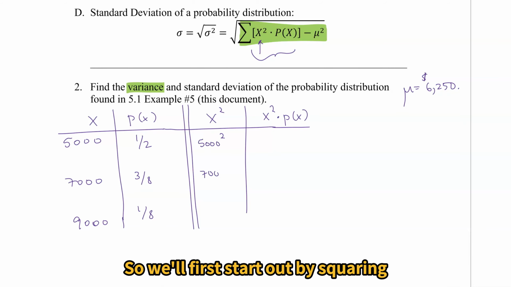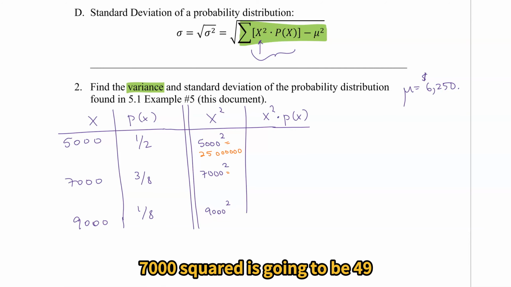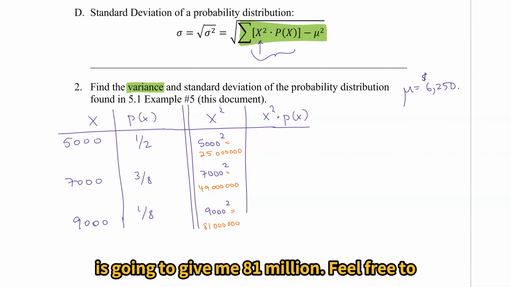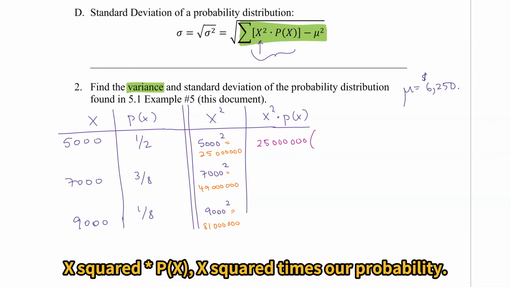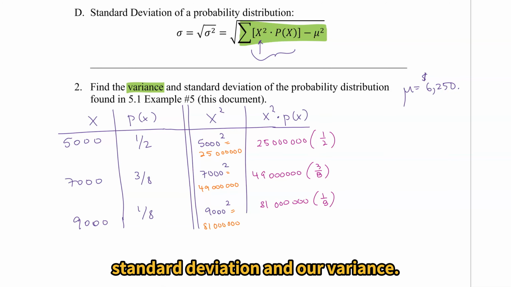So we'll first start out by squaring the x values. 5,000 squared is going to be 25 million. 7,000 squared is going to be 49 million. And 9,000 squared is going to give me 81 million. Feel free to use your calculator if you need to. And then x squared times p of x, x squared times our probability. And we'll use these values to calculate our standard deviation and our variance.